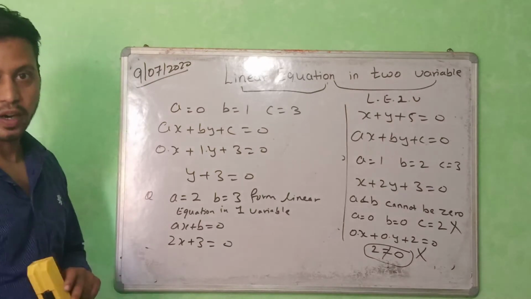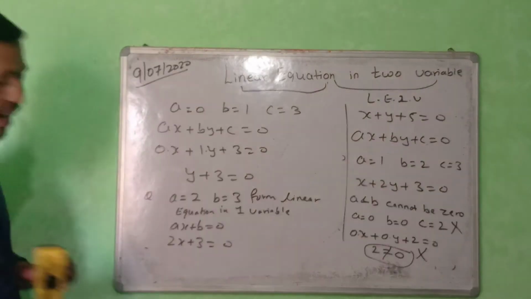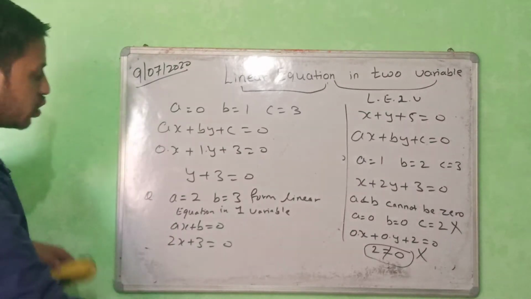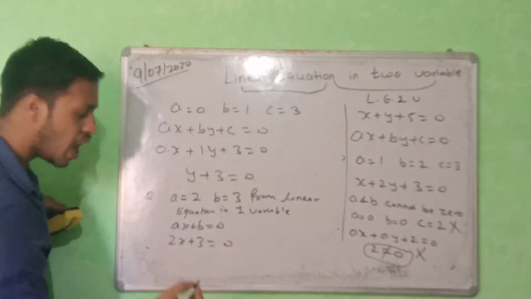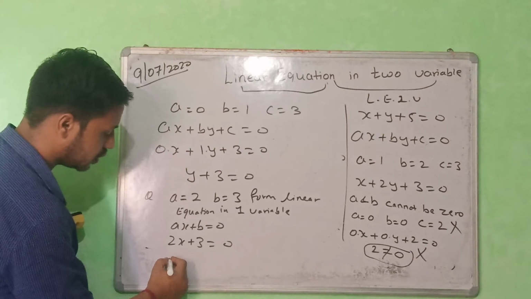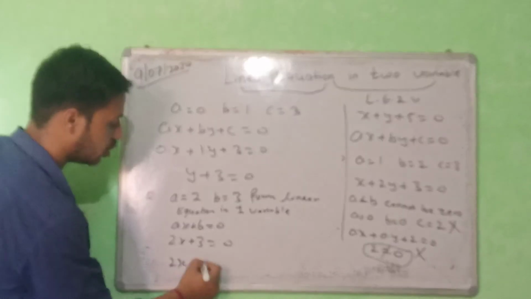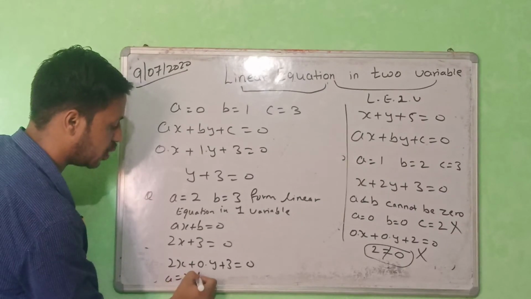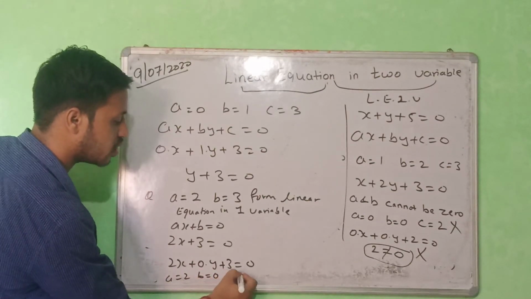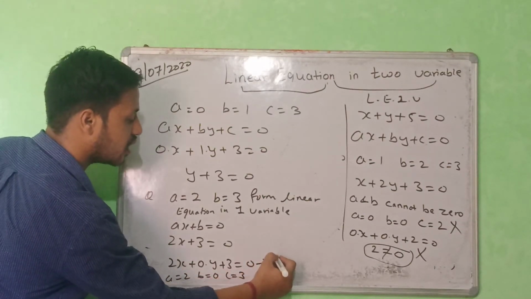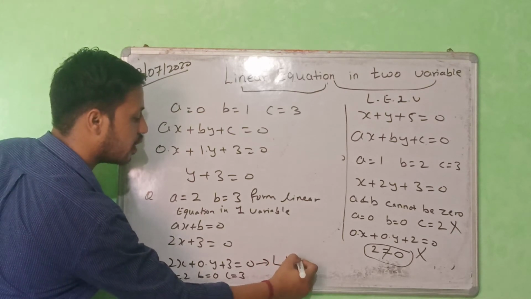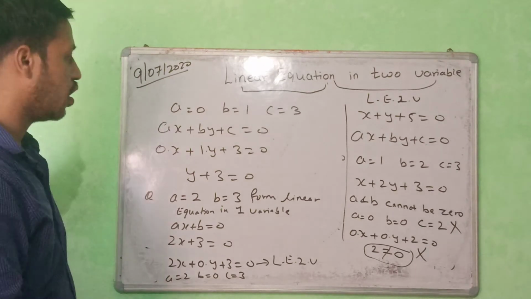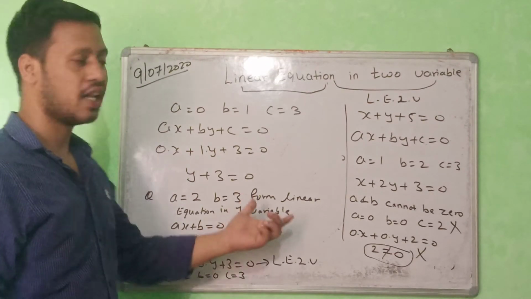This is a linear equation in one variable. But I can make this linear equation in one variable into a linear equation in two variables also. How will I change this? 2x plus 0 dot y plus 3 equals 0. Here a equals 2, b equals 0 and c equals 3. You can say that this is a linear equation in two variables. Clear?